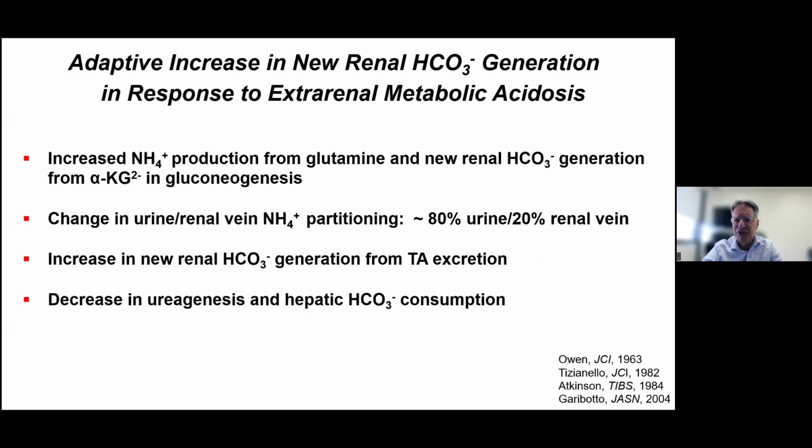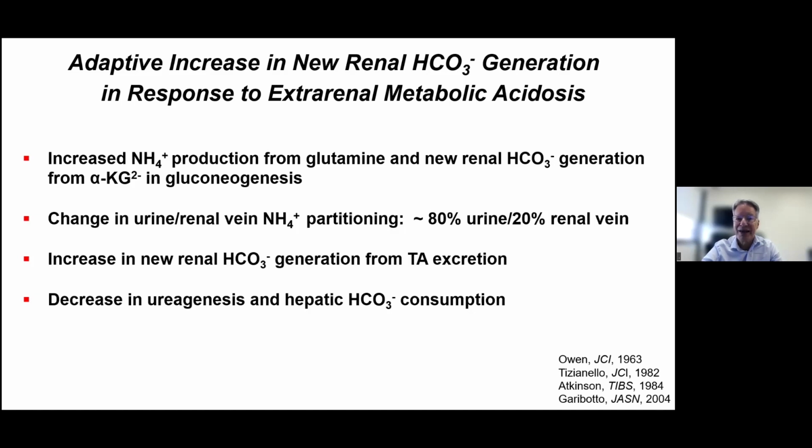So remember, whenever you see your BUN, it's made up of two ammonium ions and two bicarbonate ions. You had to consume bicarbonate to make urea. Remember that. So normally there's 60% of the ammonia put into the urine and 40% into the renal vein. So we do consume 40% of the bicarbonate that we wouldn't otherwise if we put 100% of the ammonia in the urine.